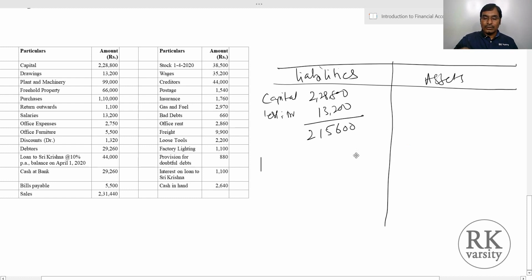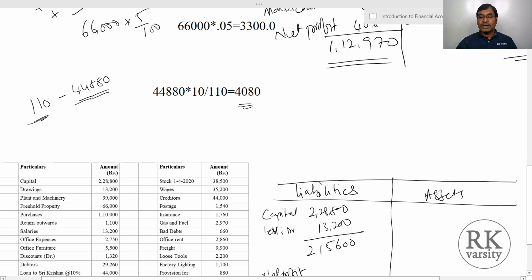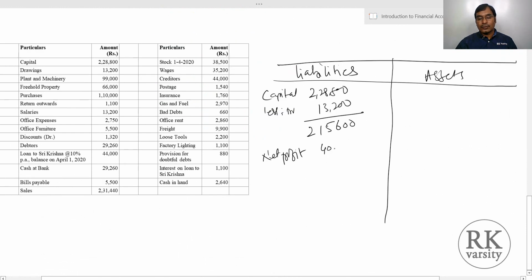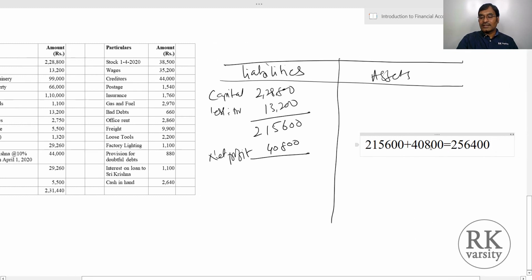Then to this we add net profit. What is the net profit amount? 40,800. So the total capital is going to be 2,15,600 plus 40,800, so 2,56,400.